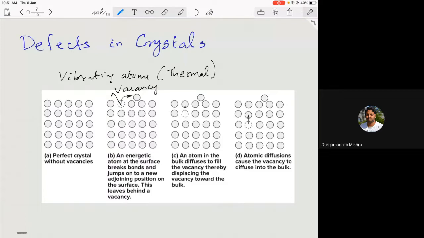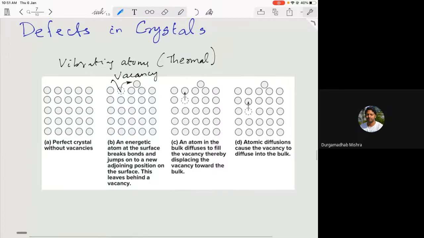You can create a defect due to this thermal vibration, and this is again a probabilistic thing. These are normally also known as thermodynamic defects. As you can see here, you shift the atom somewhere else and you create a vacancy.